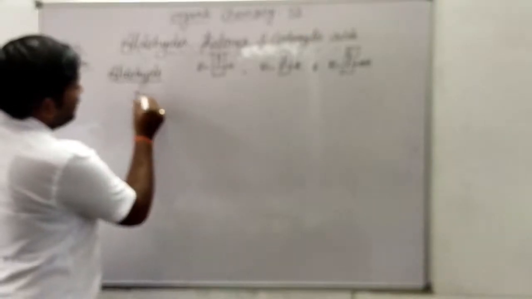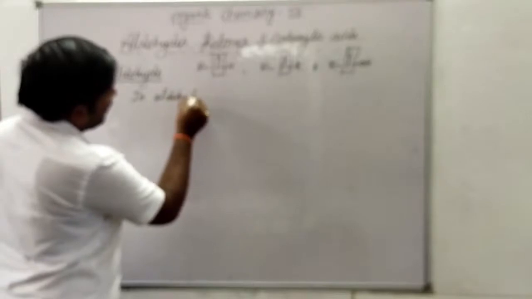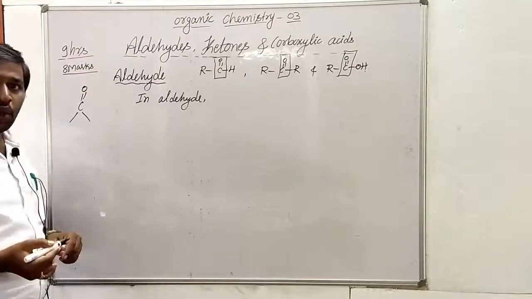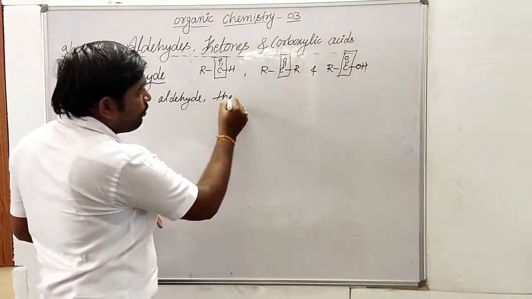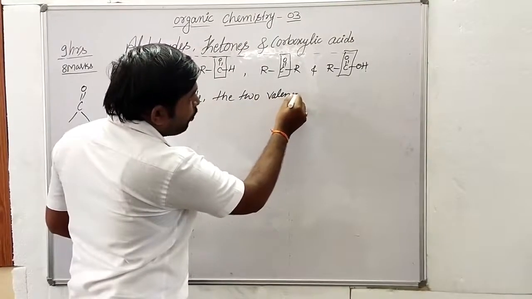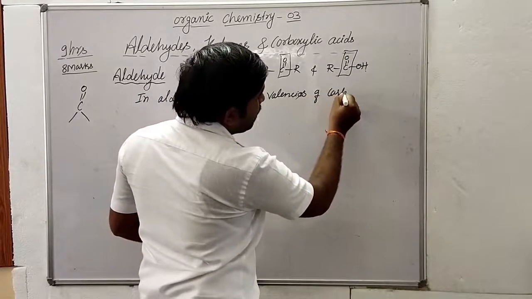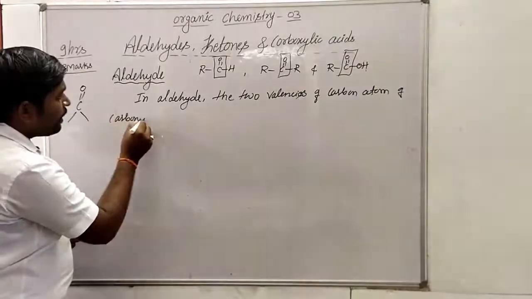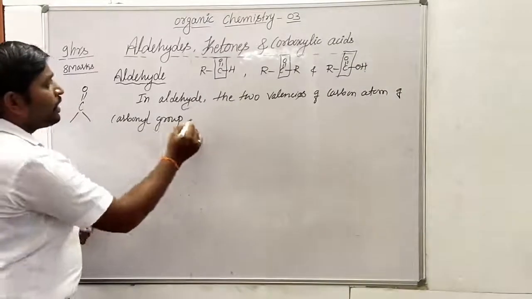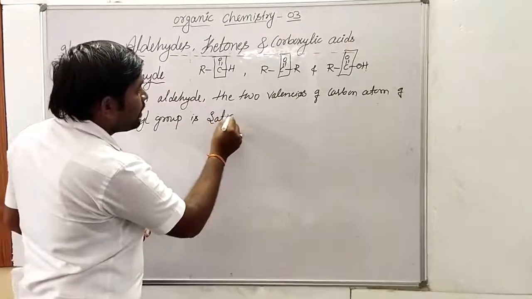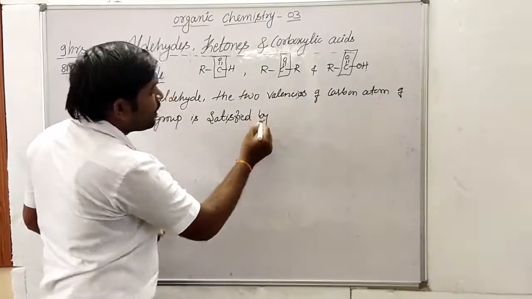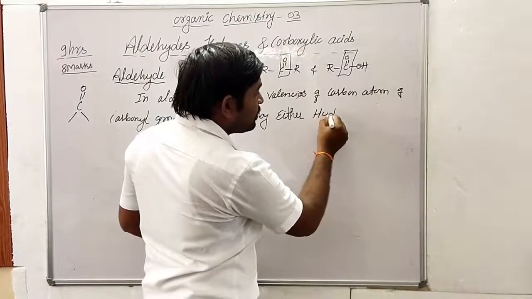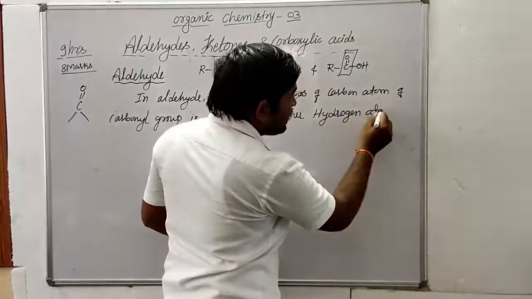In aldehyde, the two valencies of the carbon atom of the carbonyl group, as you know this is a carbonyl group, are satisfied by hydrogen atoms.